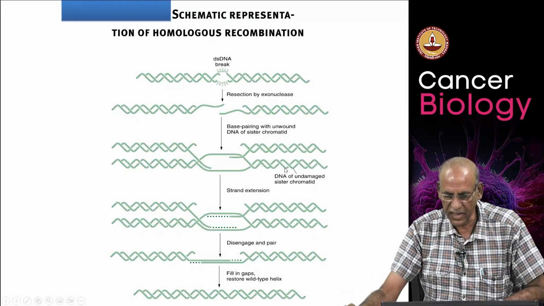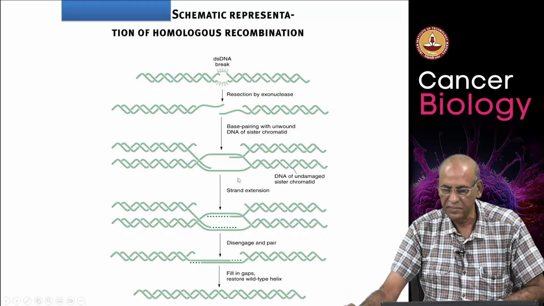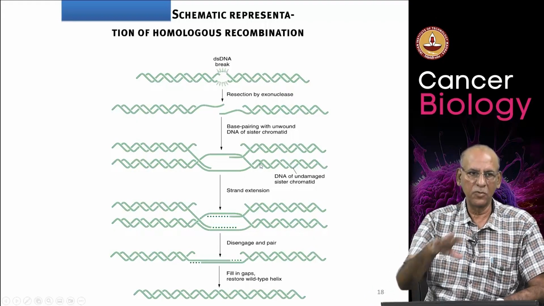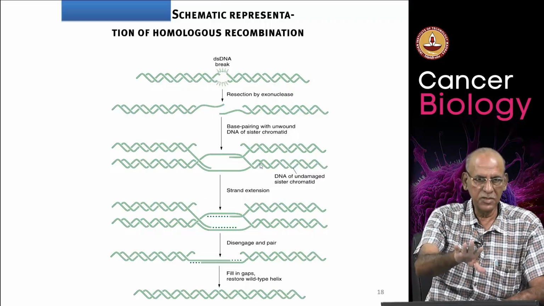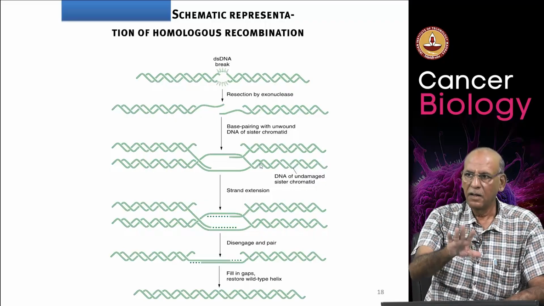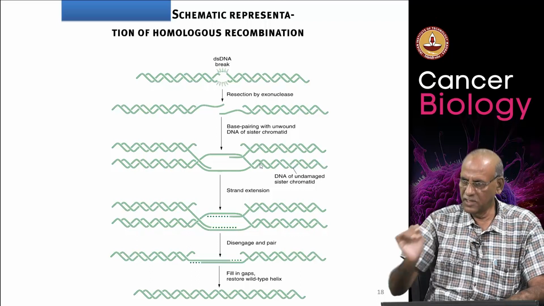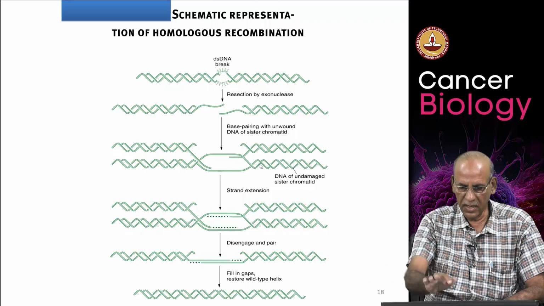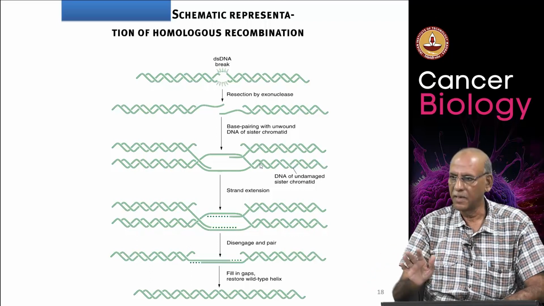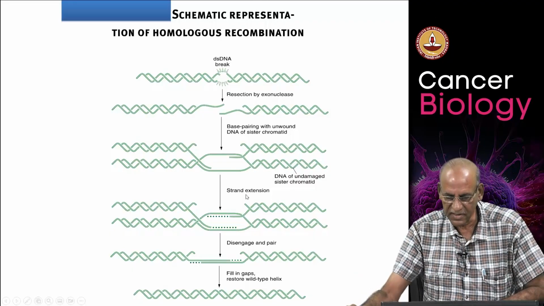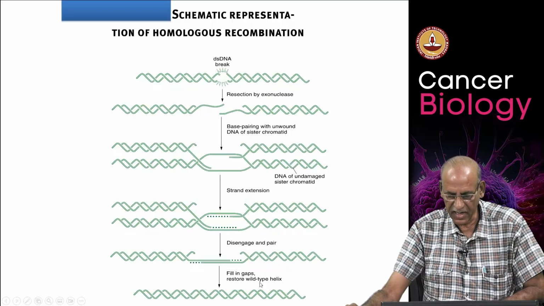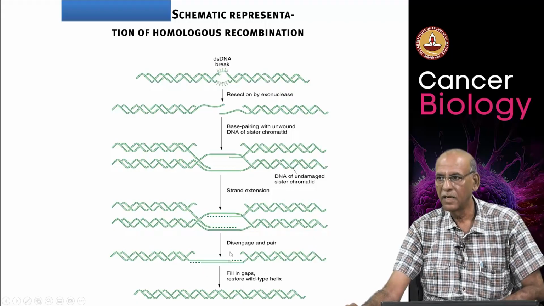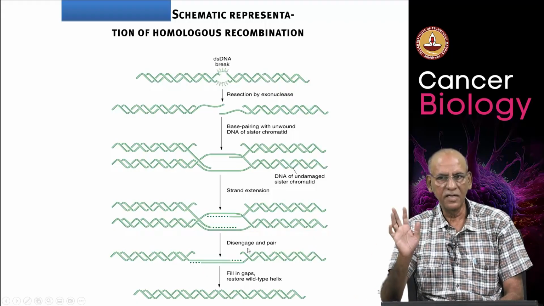That is provided by the undamaged sister chromatid. We are assuming that one of the alleles is damaged, but the other allele is there, so you are getting the complementary sequence from that. That is it. Then the strand extension and disengagement and pairing up, and filling in the gaps with DNA polymerase and DNA ligase. If you understand that, it is easy.